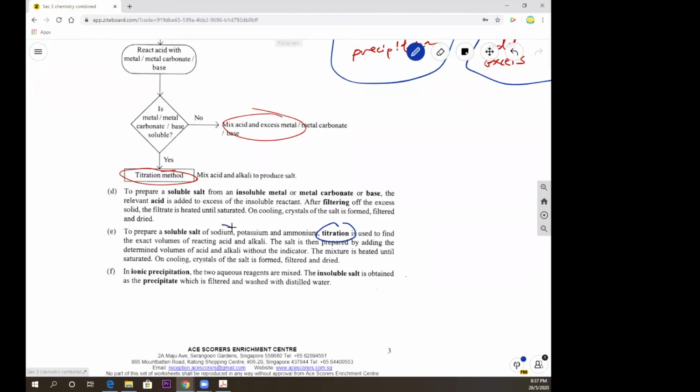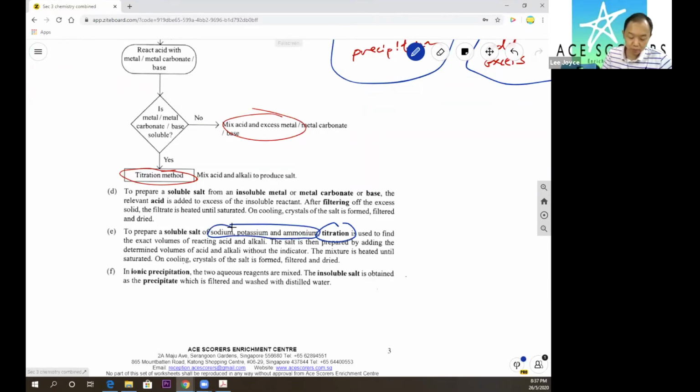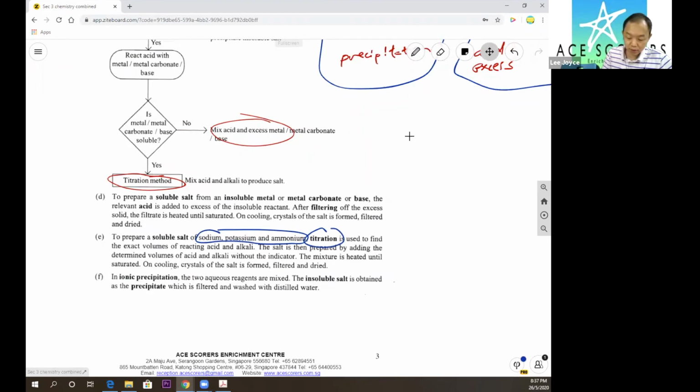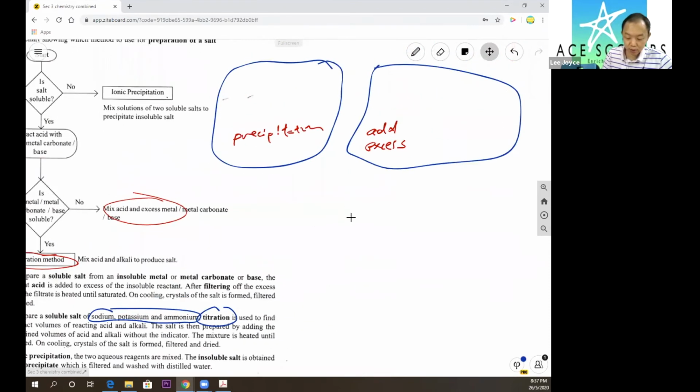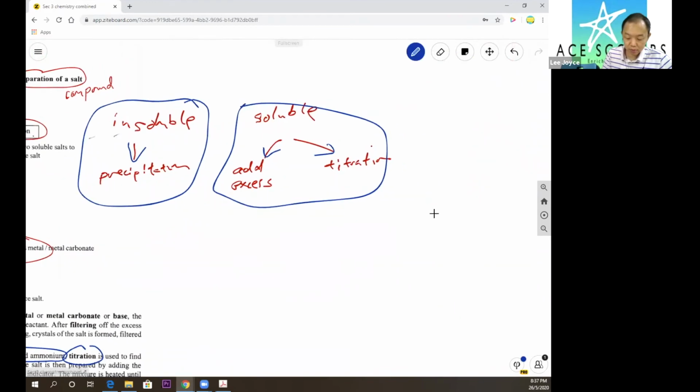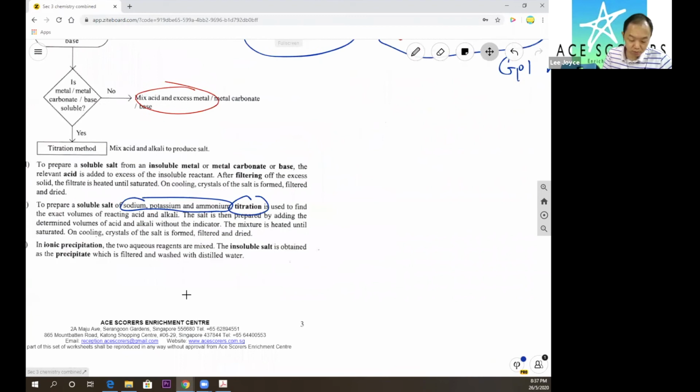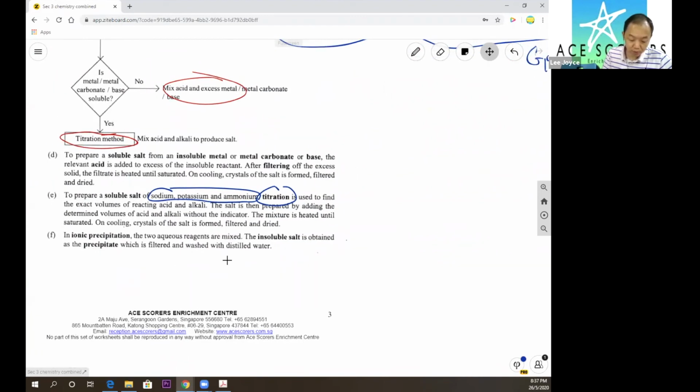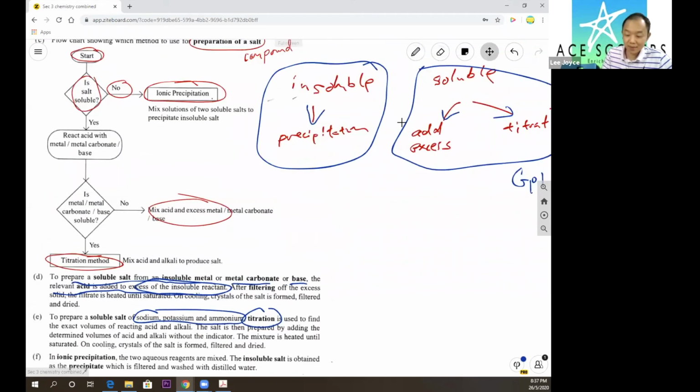It is when you have sodium, potassium, ammonium, which we further split into group 1 metals. If the salt is a group 1 soluble salt, we're going to use titration. If it's not group 1, then we will use adding excess. To prepare a soluble salt from an insoluble metal, metal carbonate or base, the relevant acid is added to excess of the insoluble reactant. That is here.